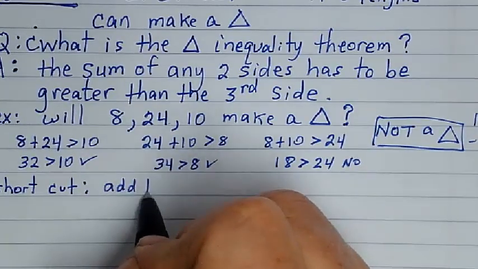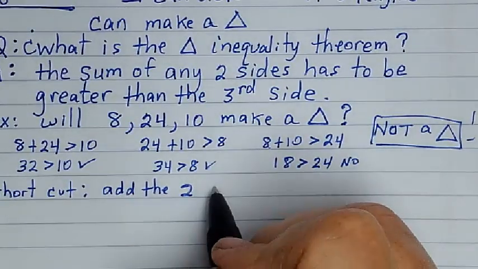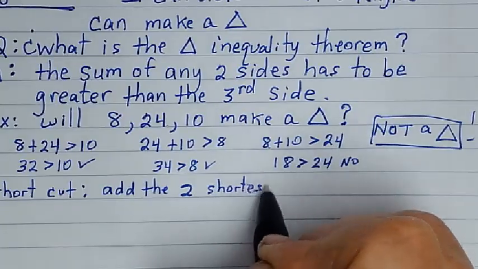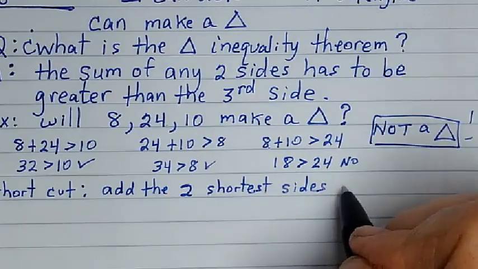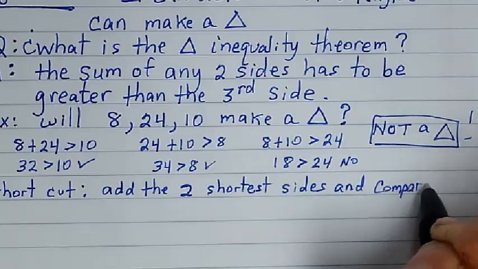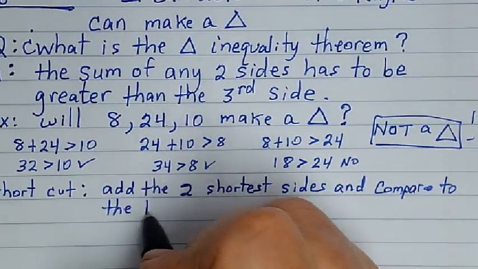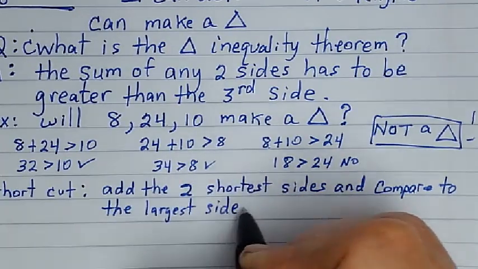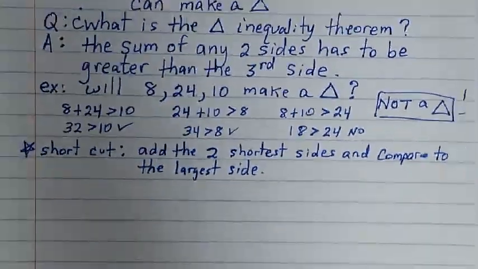Add the two shortest sides and compare to the largest side. That's like how you could do it without doing all three.